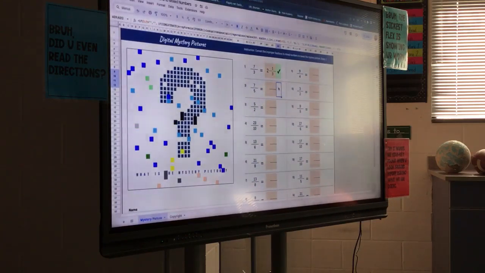But if I would have had the wrong answer, it would have kept that X on there and I know I did it wrong. You have to show your work for every problem. So this is what you have to do for every single problem. Any questions? Anybody not understand? When is this due by? Friday.